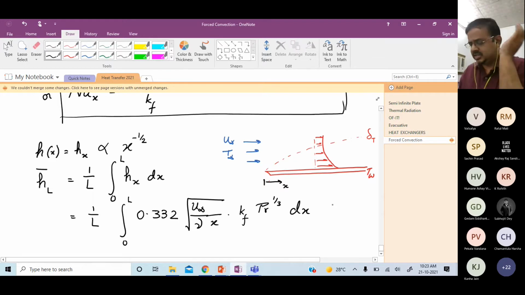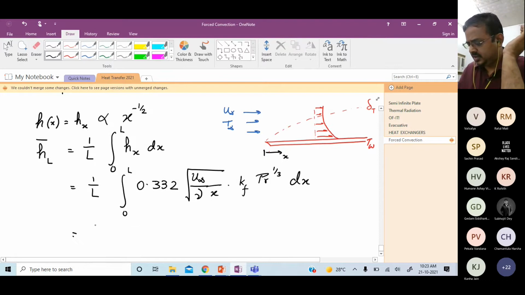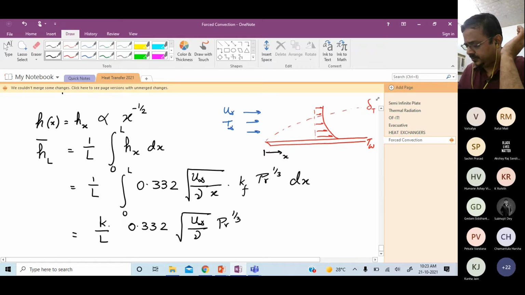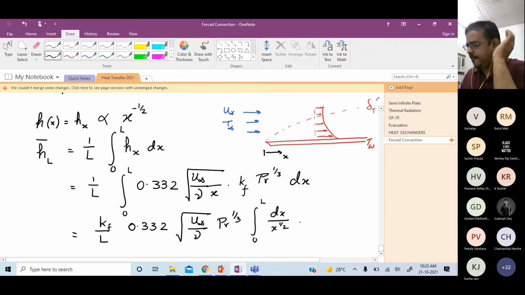So if you do this, you take everything out, so you get 1 over L 0.332 U infinity by nu Prandtl to the power 1/3. Okay, let's take the k out here. Then I have integral dx divided by x to the power half.